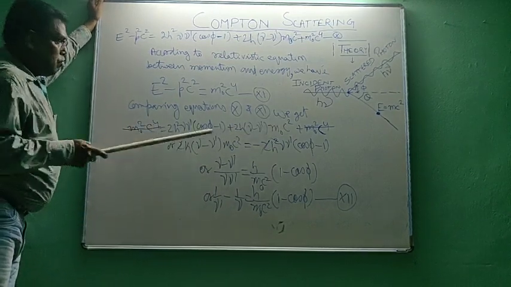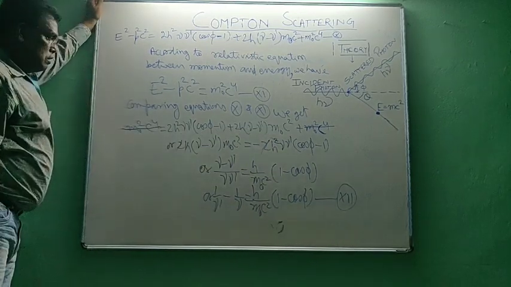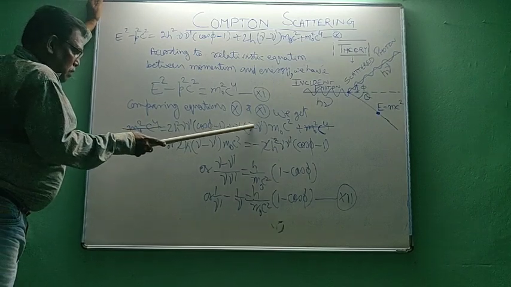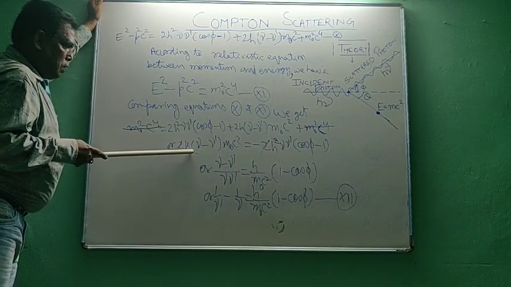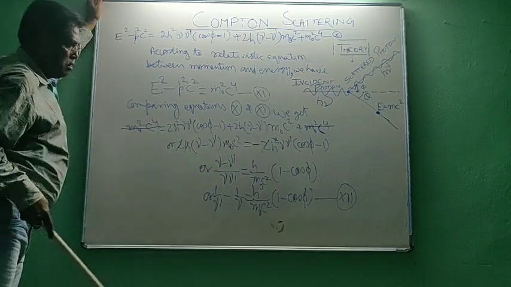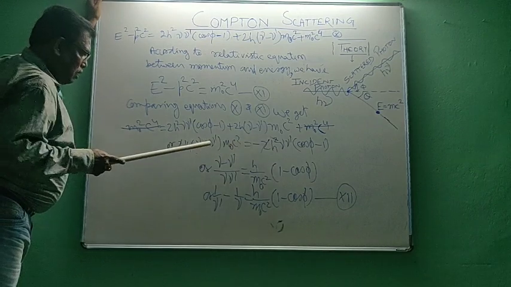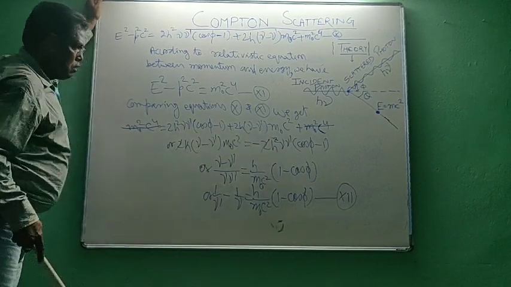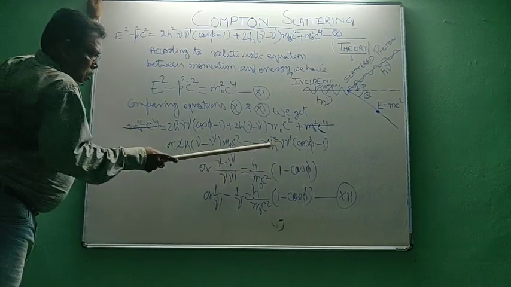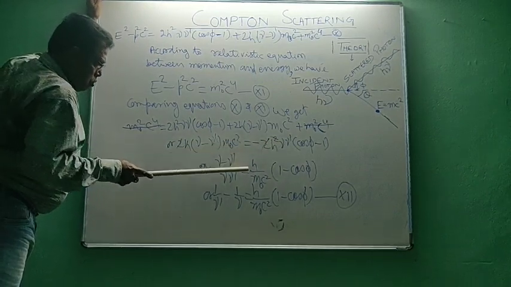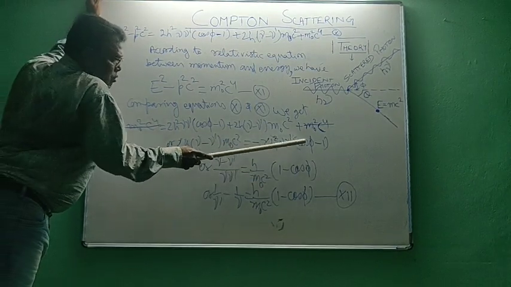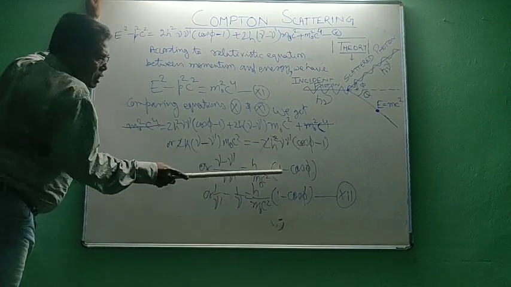The m naught square c4 terms cancel. Bringing terms across, the 2 and h cancel, nu minus nu dash comes to one side, and the minus multiplied in gives 1 minus cos phi.